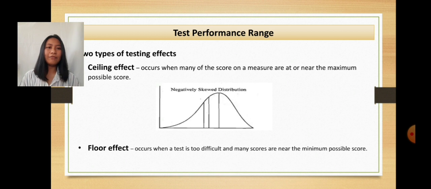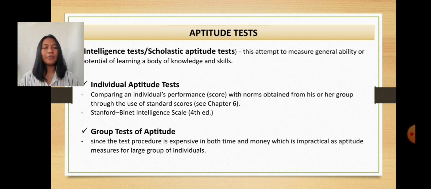And then the floor effect is the counter of the negatively skewed, which is positively skewed distribution, where the scores are near the minimum. Parang mas madami yung nakakuha ng lower scores kesa sa nakakuha ng high scores. And that's all. Moving on to our aptitude test.